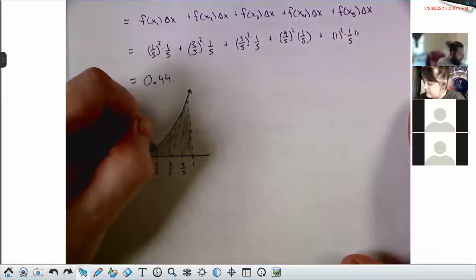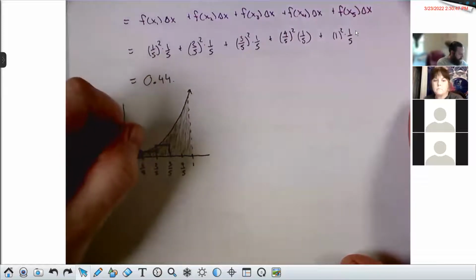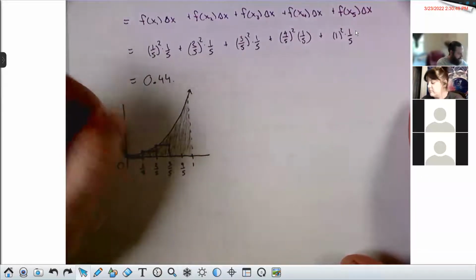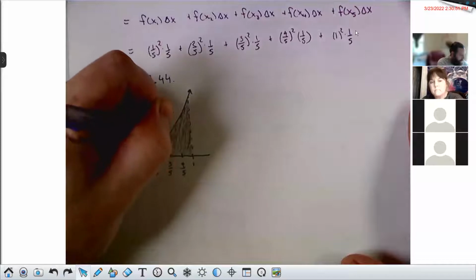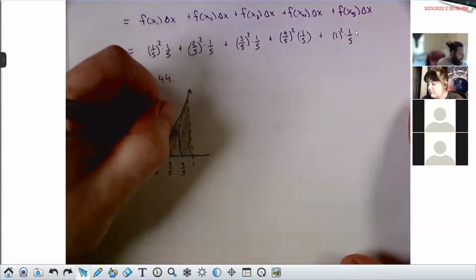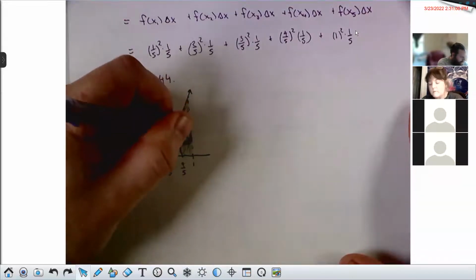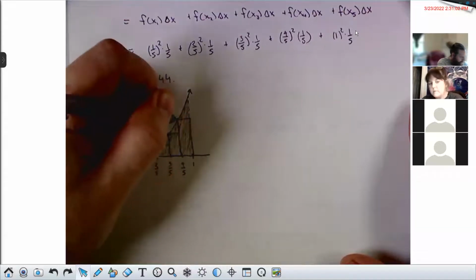The height for the third rectangle came from the function value at 2/5. The fourth from the function value at 3/5, and the fifth from the function value at 4/5.